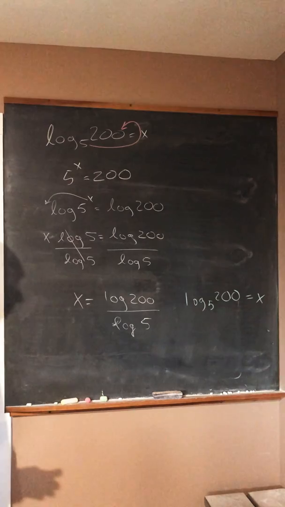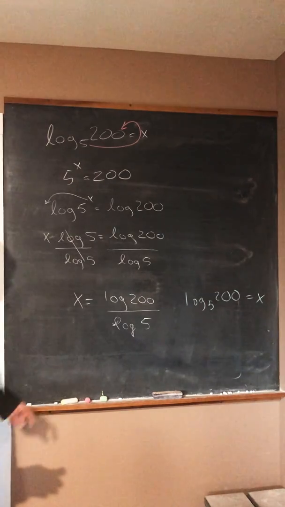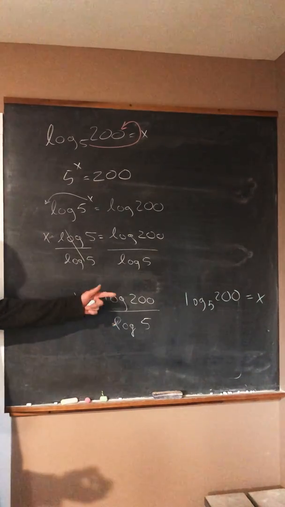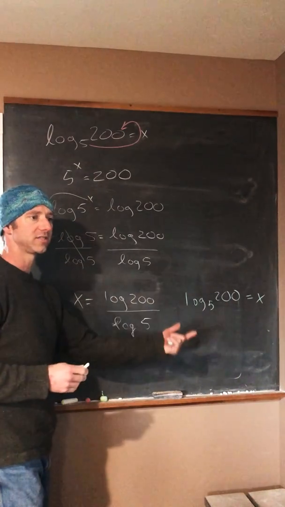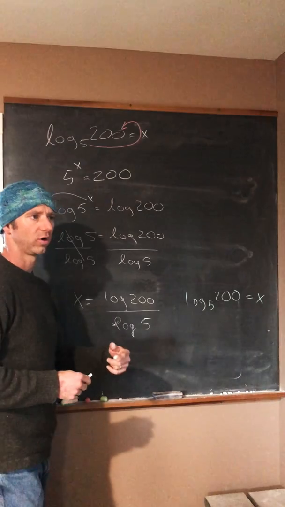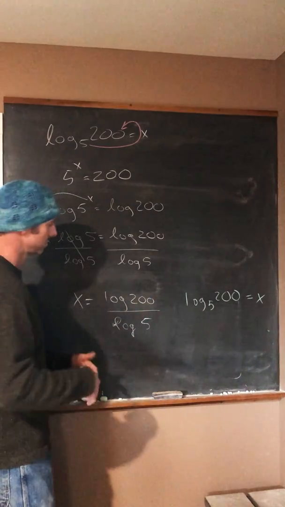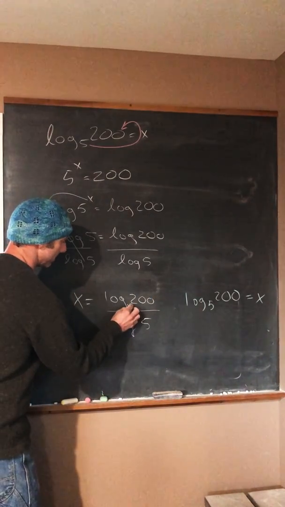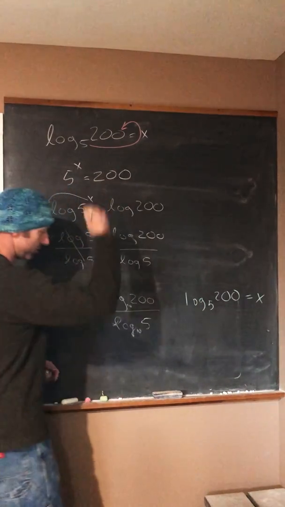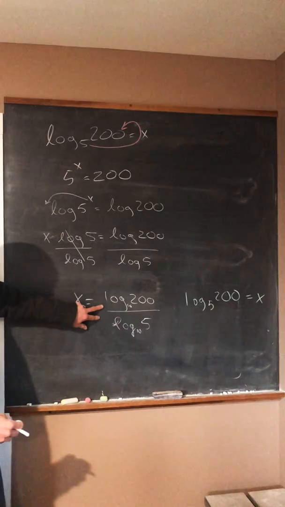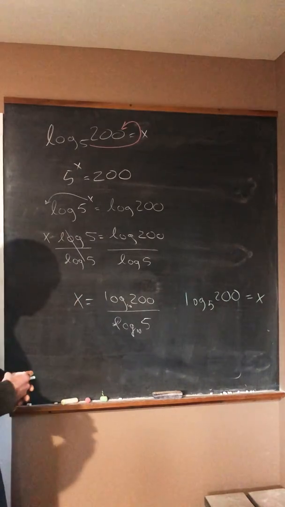Do you see a pattern? This one, these are log base 10. If I don't specify a base, either the base doesn't really matter, or we just call it base 10. In this case, we'll just call it base 10. What I have done, this is called the change of base formula.